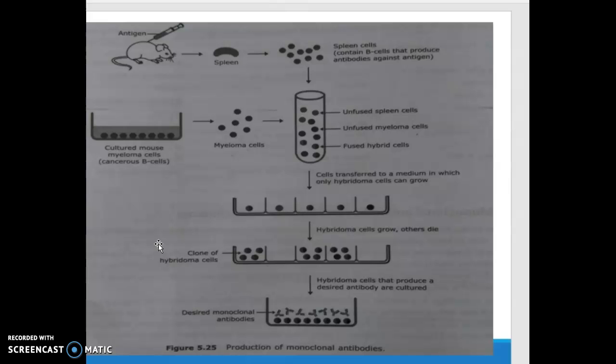After the formation of the hybrid cells, you can see here a fused hybrid cell, the unfused myeloma cells, and in the uppermost portion the unfused spleen cells. These fused cells are then transferred to a medium in which only hybrids can grow. Myeloma cells are capable of dividing indefinitely and are therefore often called immortal cell lines.